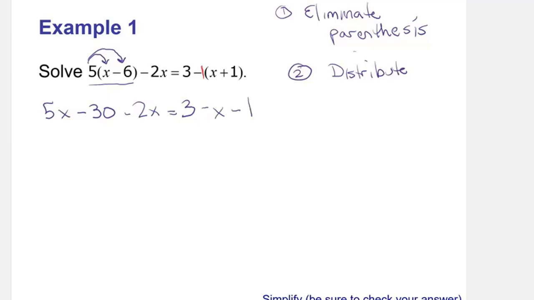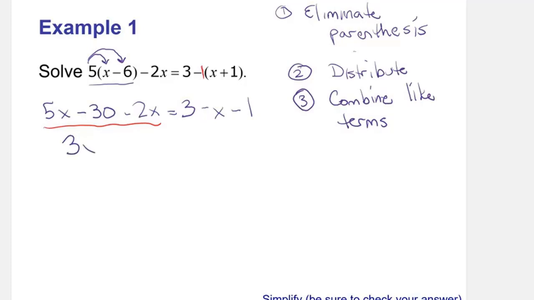Now I've distributed. And the next thing I want to do is combine like terms. I can see here on the left-hand side that I have a 5x minus 2x. 5x minus 2x is positive 3x.